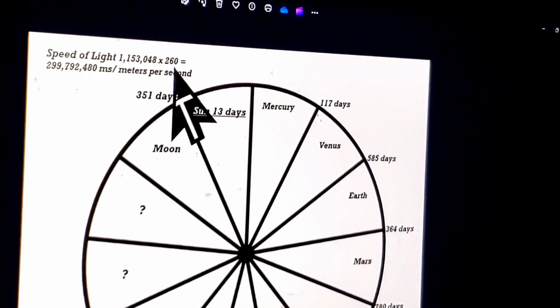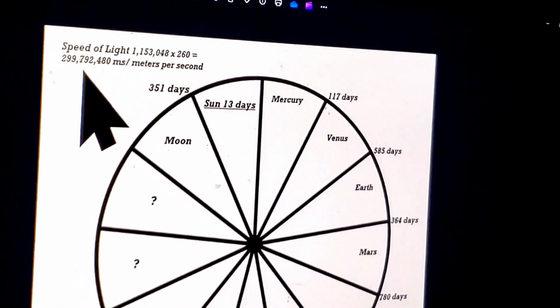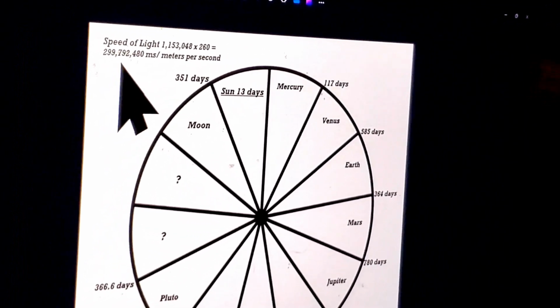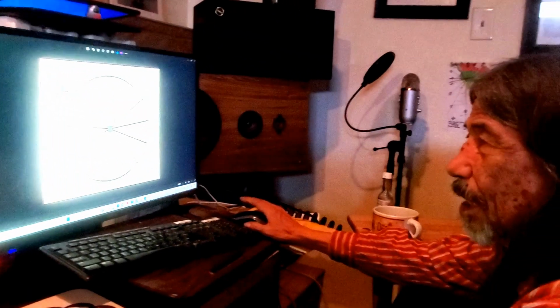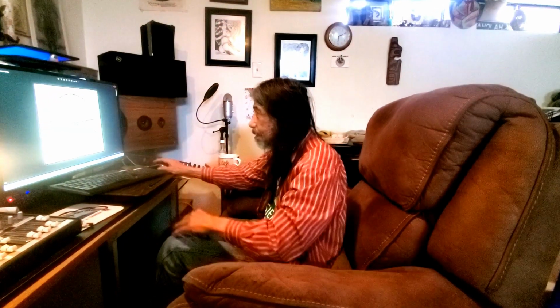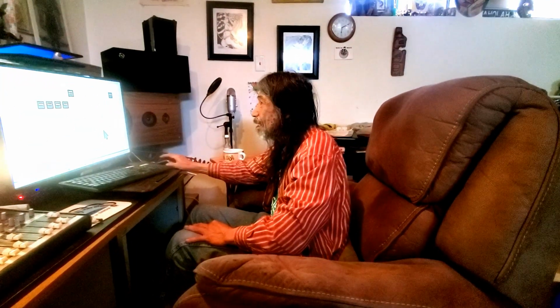In other words, this can calculate the speed of light. So not only does the calendar 260 do this for the planets, it even tells you how fast the beams of light are going. Man, that's meters per second.